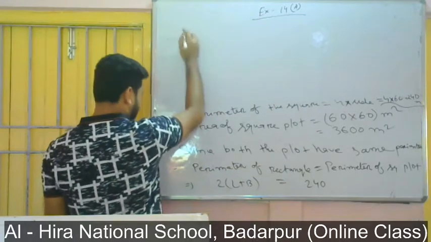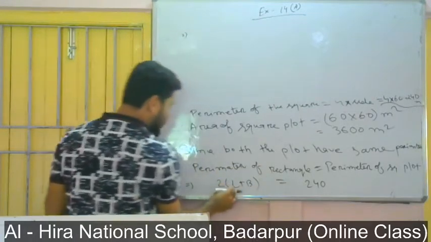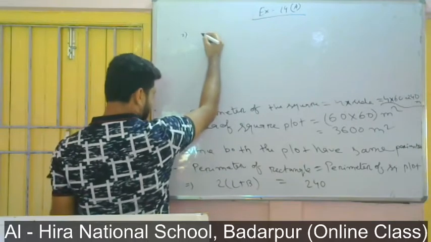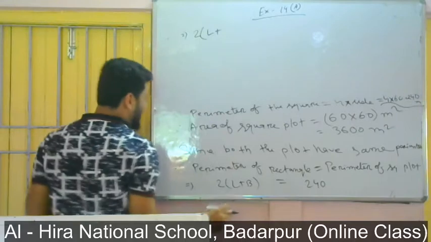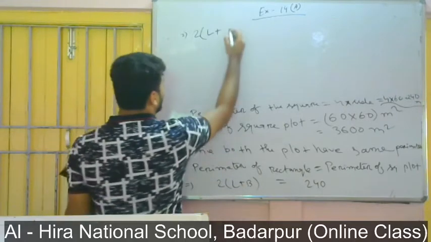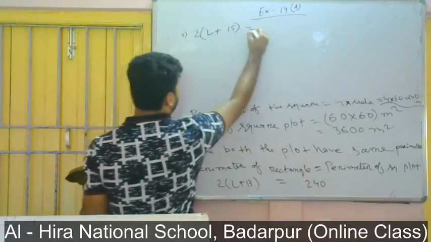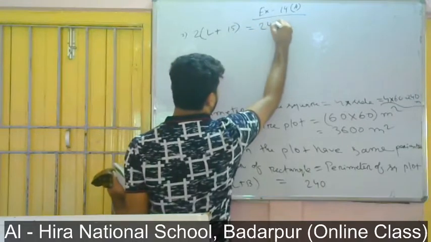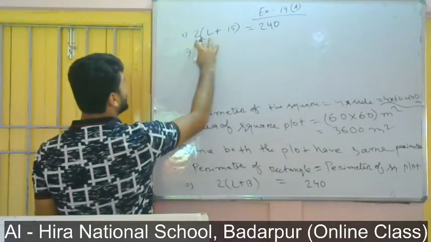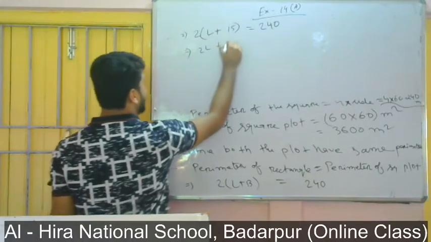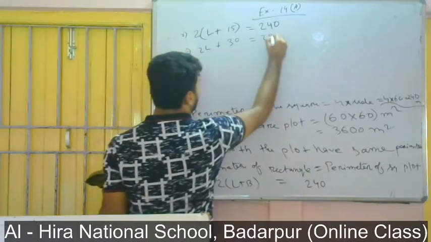Here it will be 2(L plus B). We don't know the length, so we'll find the length first, and breadth we know is 15, equals 240. So from there I can find 2L. If we multiply, 2L plus 15 into 2, 30, equals 240.